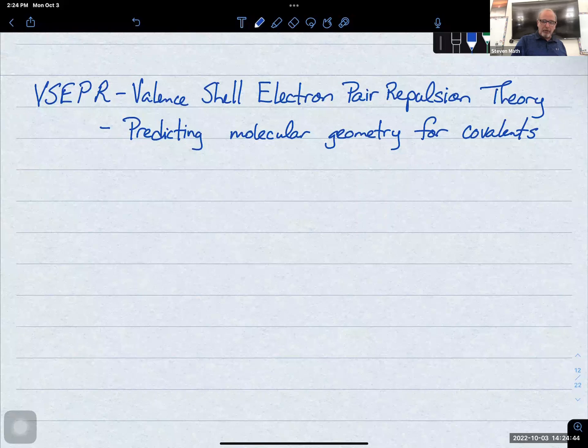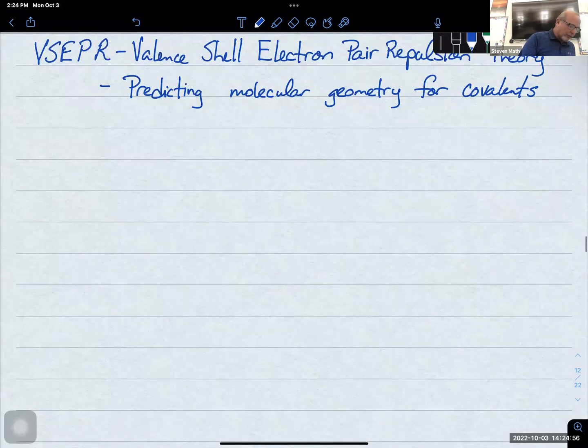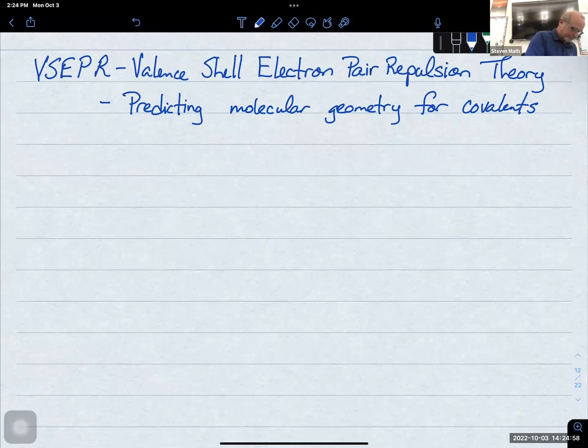VSEPR theory is a whole lot simpler to understand, and it's a method of thinking about how many bonds and how many lone pairs that something has. And so we're going to make a little table here that's going to start with exactly that. How many bonds does a molecule have?